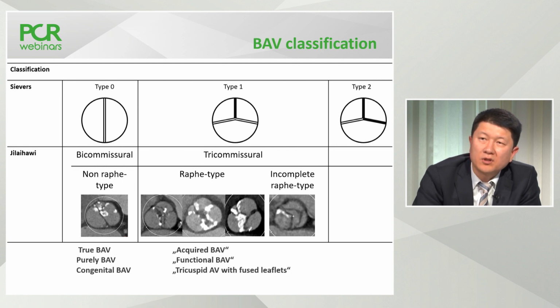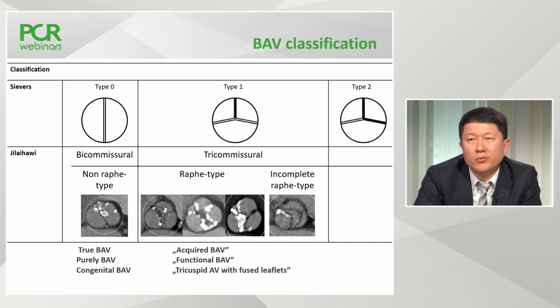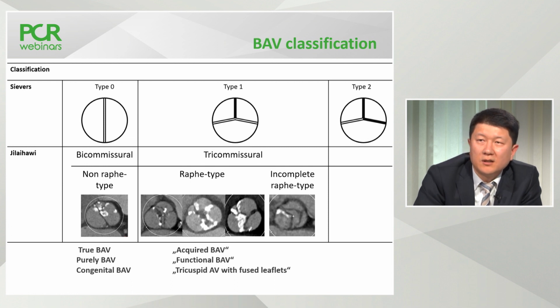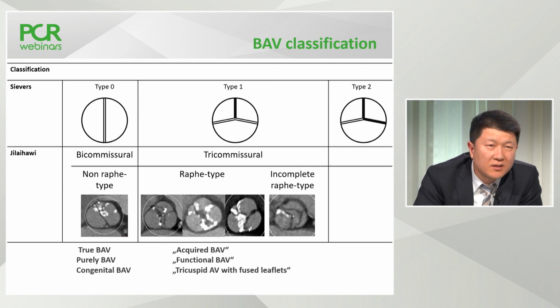And what is important to know or take into account is that if you see a tricommissural aortic valve, it is frequently being referred to as acquired or functional, or tricuspid aortic valve with fused leaflets. So they're suggesting that this could be a postnatal phenomenon, but actually most of these entities are congenital. This has to be in our minds, and this, of course, also leads in the diagnosis to a misleading diagnosis of thinking that we have a tricuspid aortic valve.